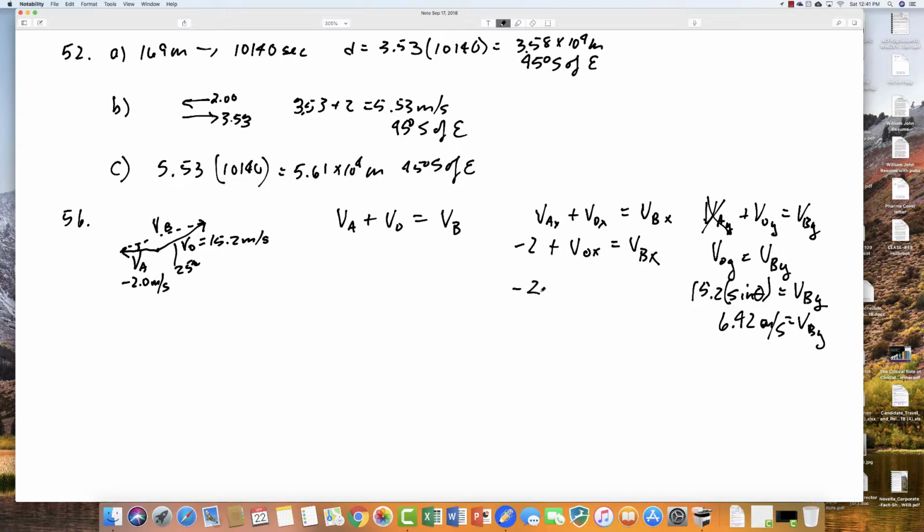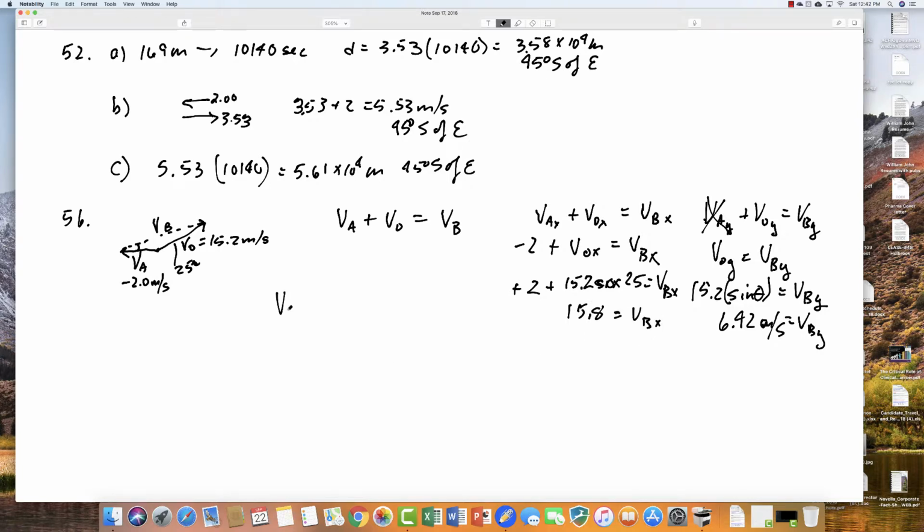So minus 2 plus 15.2 cosine 25 degrees equals VBx. Now the reason I stopped there is that because this is in the opposite direction, this should be a sum here. And so when you do the math here, you end up with 15.8 for the x component.